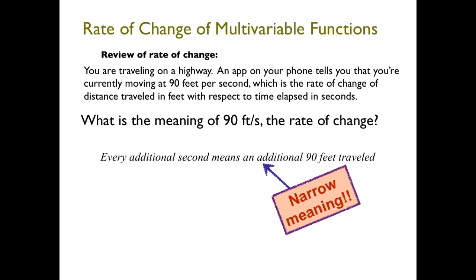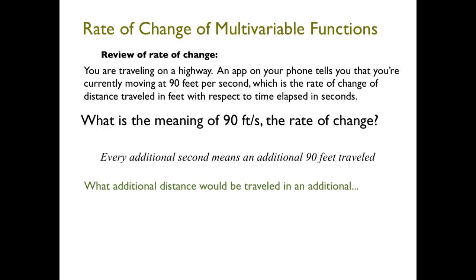When we talk about rate of change in calculus, we want a broader meaning. So, Alex, what do you say? Any given change in the number of seconds is equal to 90 times the change in the number of feet. Sorry, other graph. All right, so he's onto it.